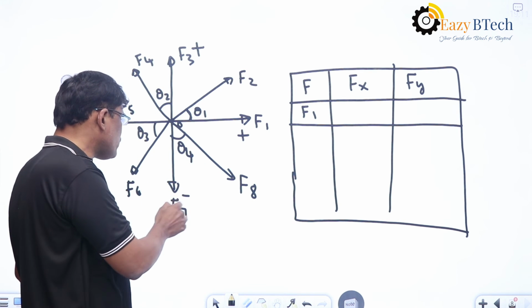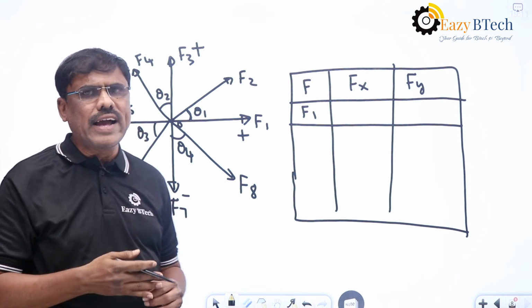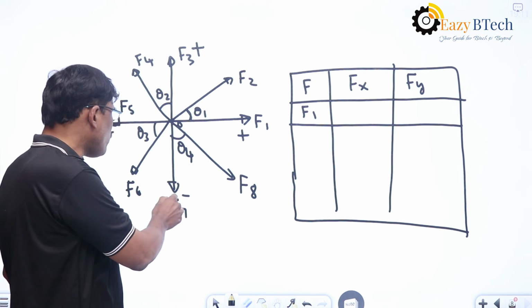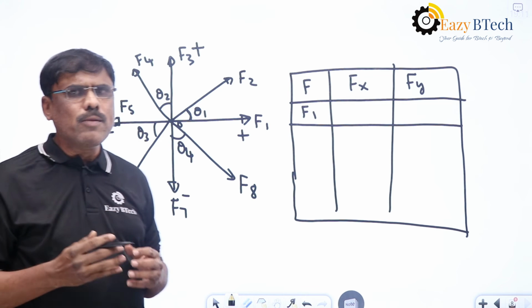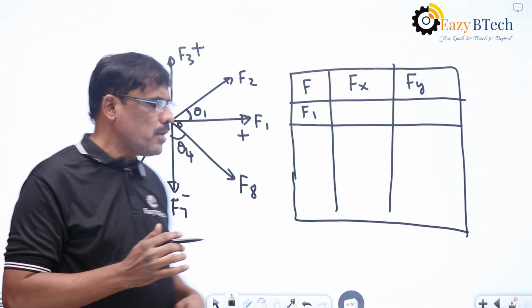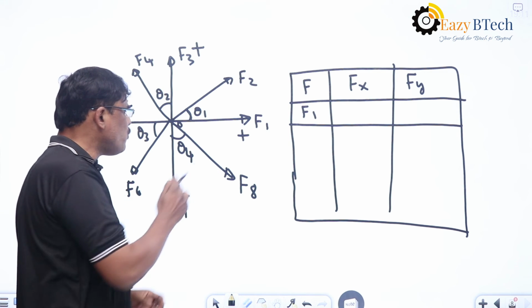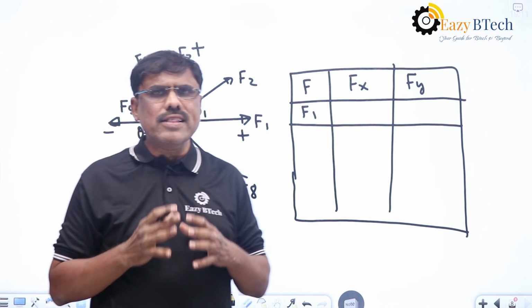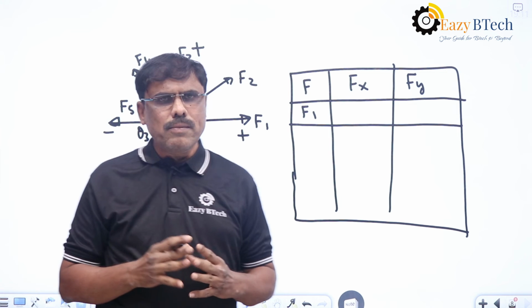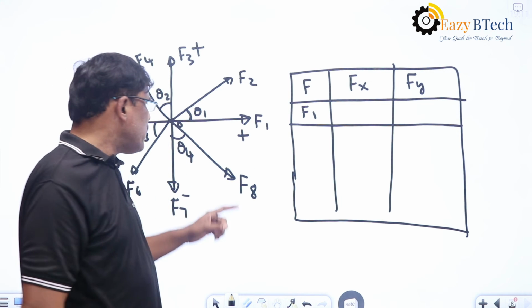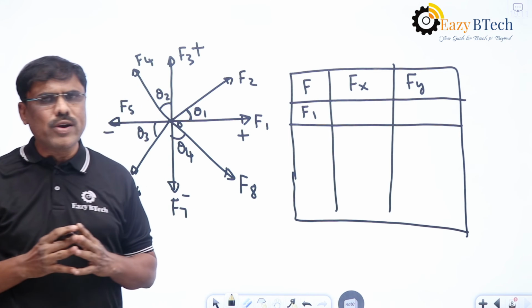And F7 is the force here. It is acting along y-axis in the downward direction here. So the x component is 0 and the y component is minus F7 because it is acting in the downward direction. And whereas F8 force is making an angle theta 4 with y. Because it is making angle theta 4 with y, the y component becomes F8 cos theta 4.